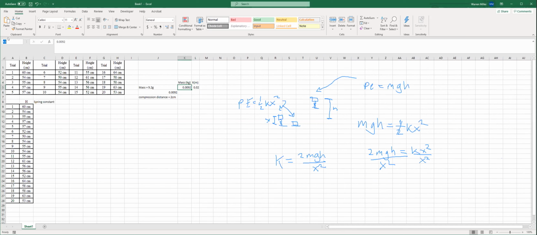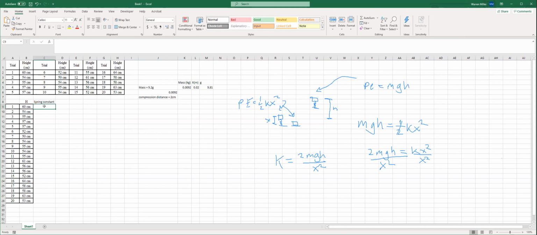So I'm just going to call this thing the mass. When you name it, Excel knows you're going to use that same number over and over again. This one we'll call the x value. And then we also need G, which is not that hard, 9.81. I'll call that G. That's easy enough, right?